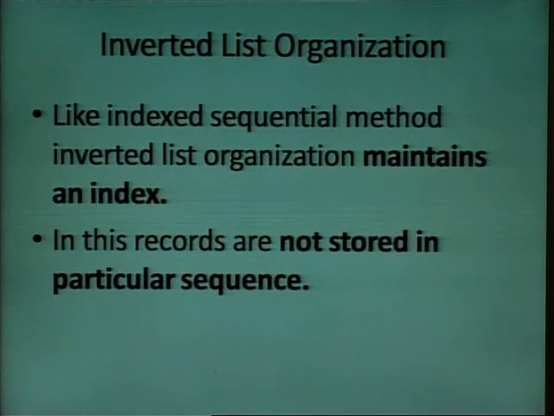So, inverted list organization, like indexed sequential methods, is an inverted file organization that maintains an index. Is it clear? Inverted list organization maintains an index. In this, records are not sorted in any particular sequence.